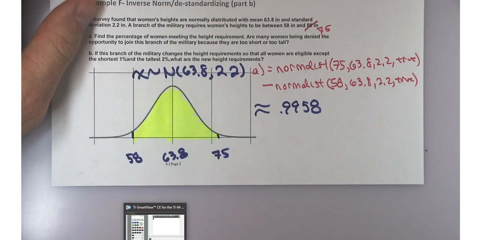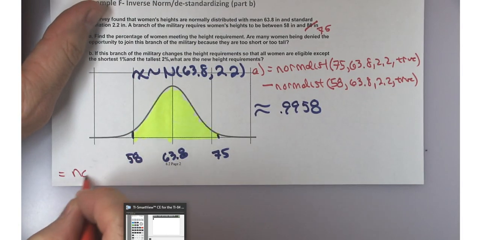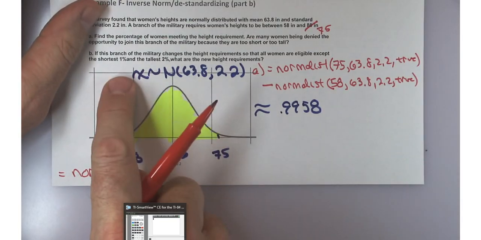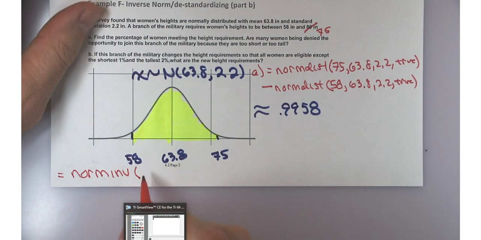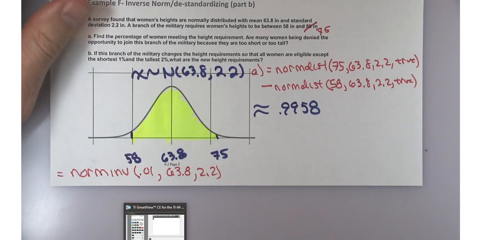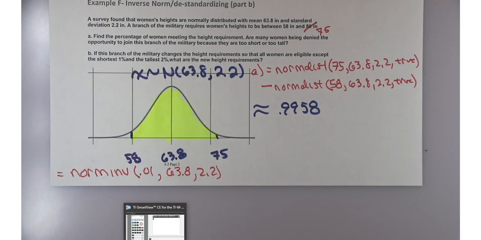So make sure you get that when you type in your command. Norm inverse. Shortest 1%, what number should I be putting into my norm inverse command? 0.01, yes. So 63.8 and 2.2. You don't need the true for the norm inverse command. That's kind of nice. That's only for the norm distribution command.